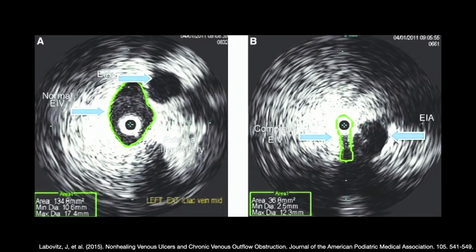And then if you go onto the right-hand image, you see that compression causing a decreased cross-sectional area of that left iliac vein with this catheter. So it's a way of being able to detect the stenosis, the location of the stenosis, and the cross-sectional area of that vein. You can also use it to assess some thrombi and things to that effect. So that's another thing that might be used to work this up.